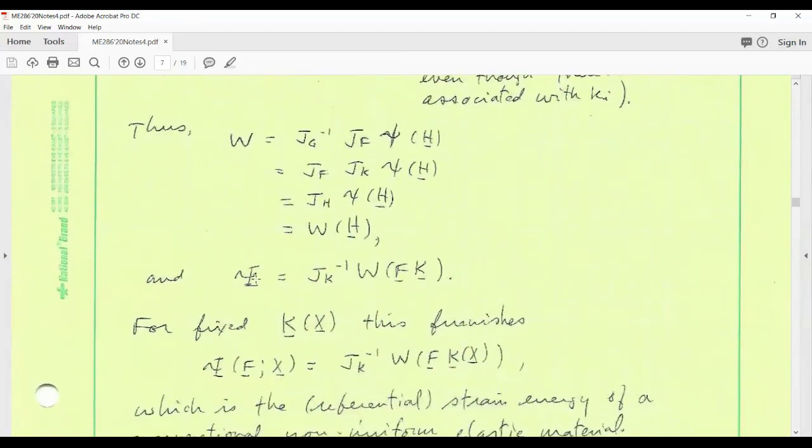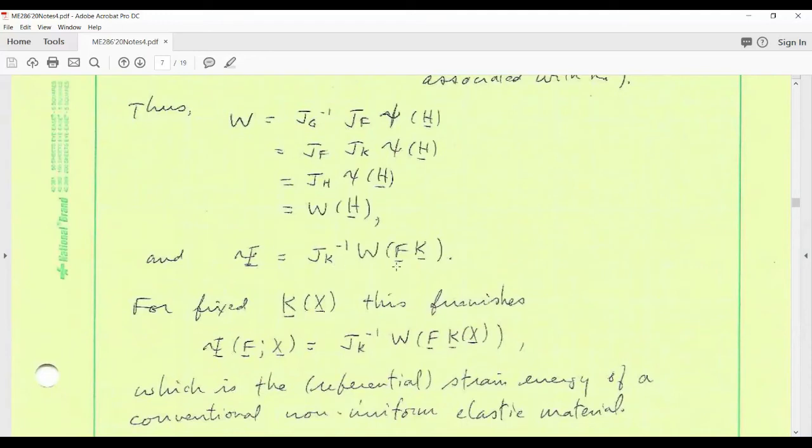So we have the referential strain energy depending not only on F, but also on K. Again, I remind you, this referential energy is a purely mathematical construct that we introduce to make it easier to handle material derivatives in balance laws, that's all. The physics is encoded in this W or in the small psi, the physical properties of the material, the crystal.